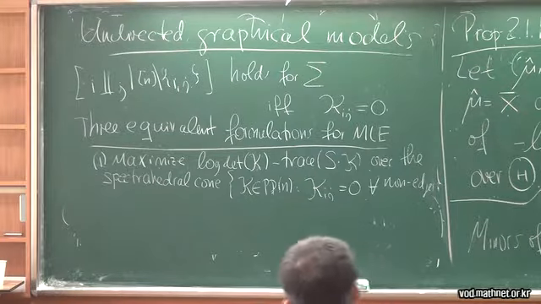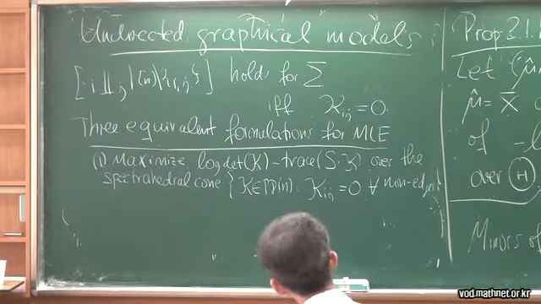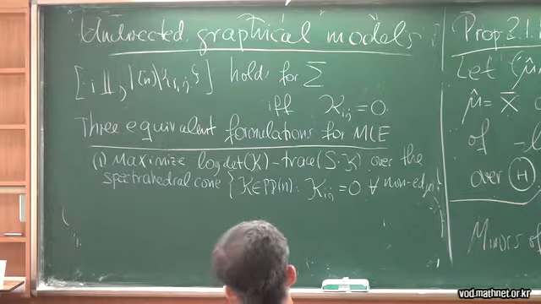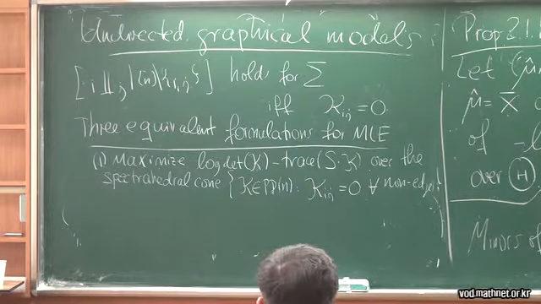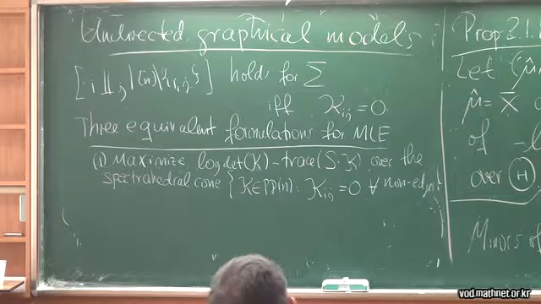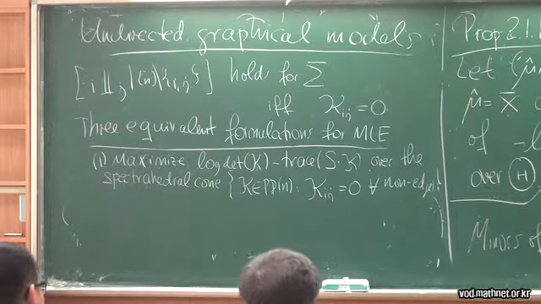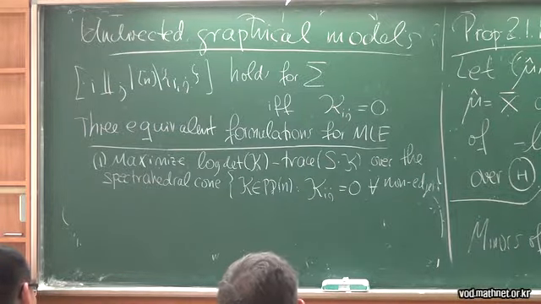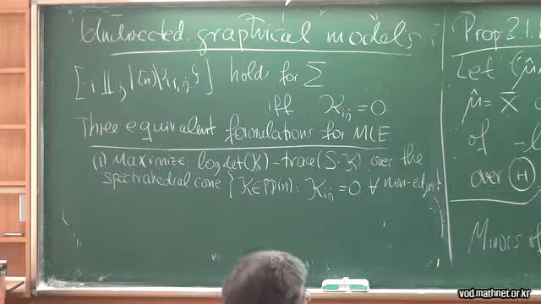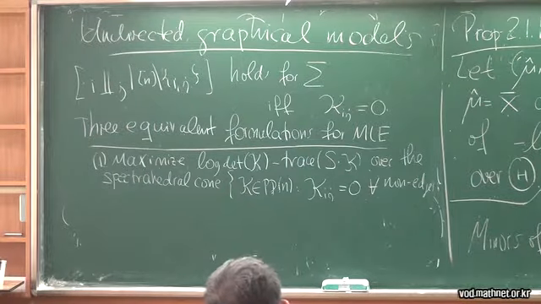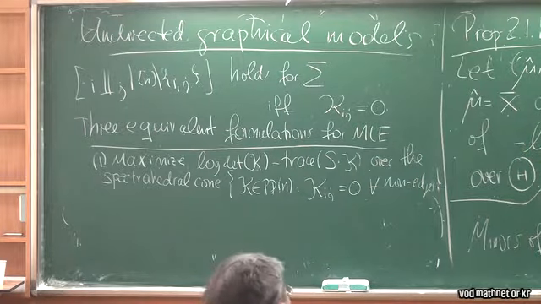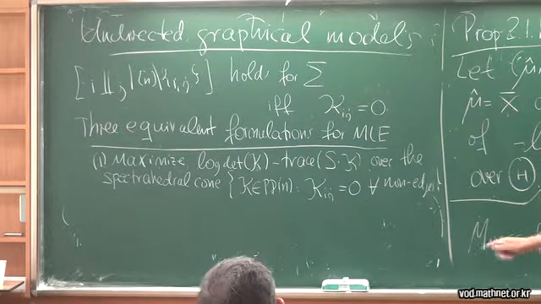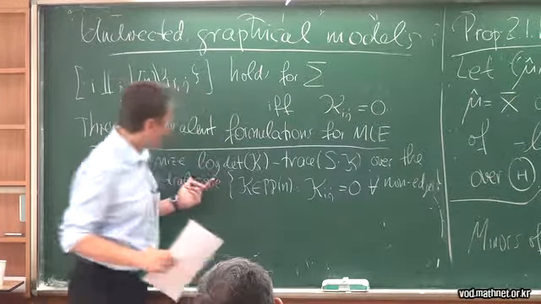The determinant of a matrix is the reciprocal of the determinant of its inverse. So log det of a matrix is minus log det of the inverse. If I replace this sigma by its inverse kappa, that minus goes away. So the function is written over the inverses.